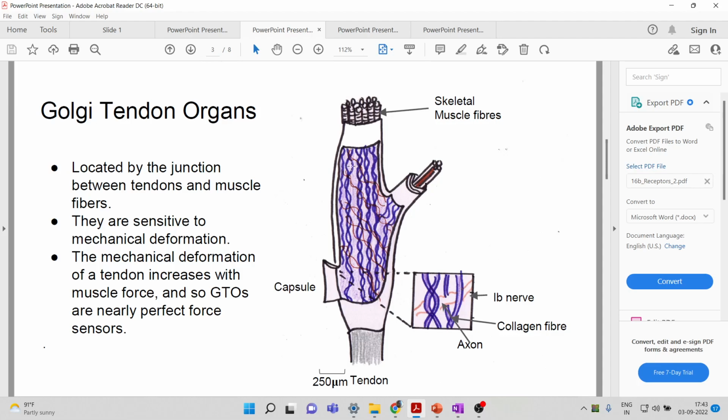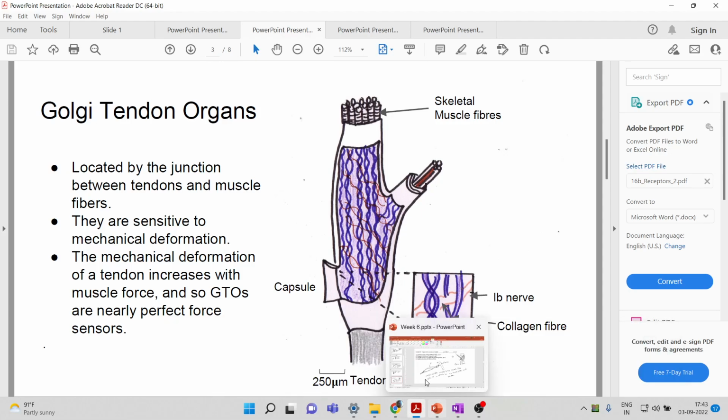These are the collagen fibers, and the sensory endings of the 1B afferent intertwine with them. Once this stretches, the 1B sensory endings get squished in between, and then it generates an action potential. So this is how it works.